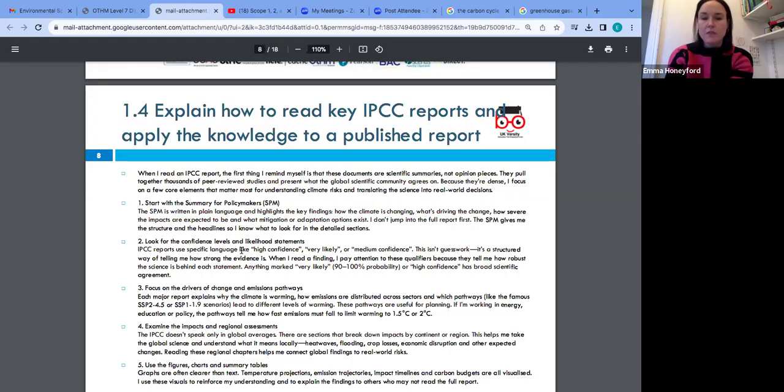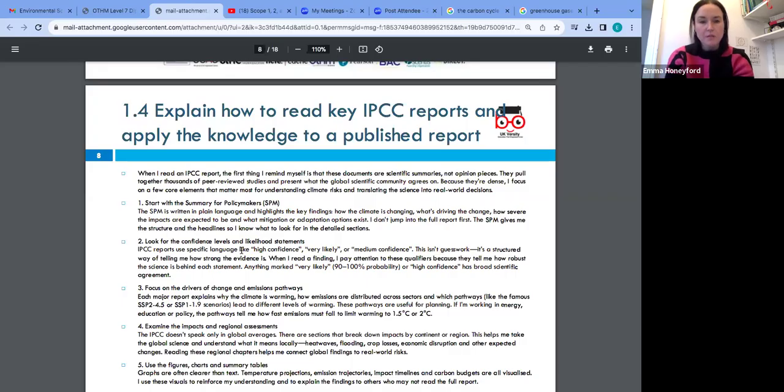So essentially they'll pull together thousands of peer-reviewed studies that will present what the global scientific community agrees on. So it's science-based because they're dense. We're going to focus now on a few core elements that matter most for understanding climate risks and translating the science into real-world decisions.